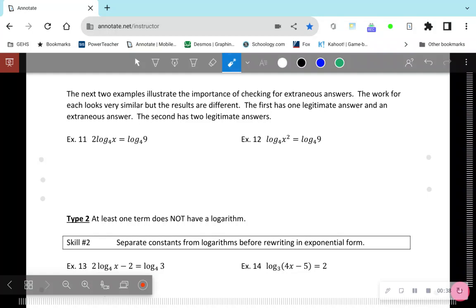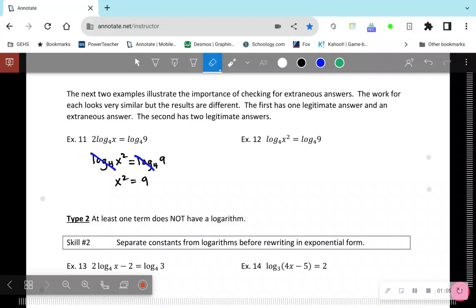So I want to point out that we have a logarithm involved in both sides here, logarithm there, logarithm there. So these are type 1 problems. We're going to take the 2 that's in front of the logarithm here and use the power rule to bring it up to the inside. And then since you've got a log base 4 of both sides here, you can cross that off both sides.